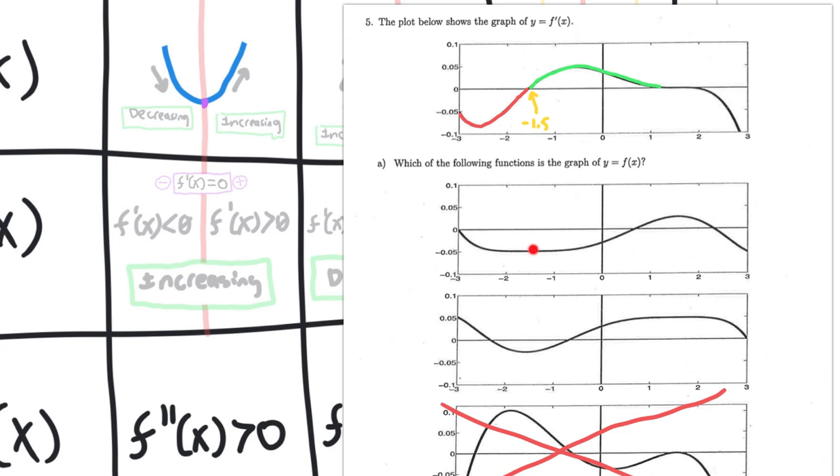It kind of looks like that, right? And that means that the graph of f prime of x had to have equaled zero for a while, right? Because whatever the y value of the graph of f prime of x is, it is the slope of the tangent line of the original function. So the slope of the tangent line of the original function is zero here for a while.